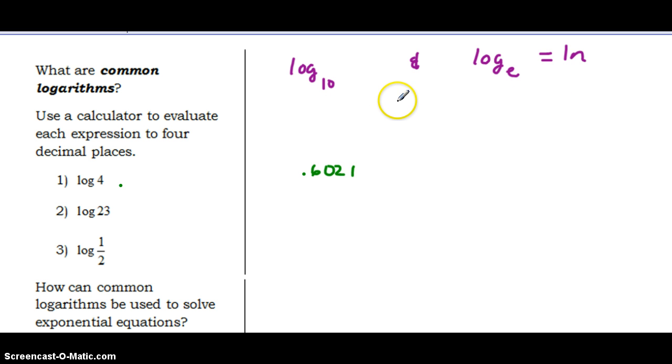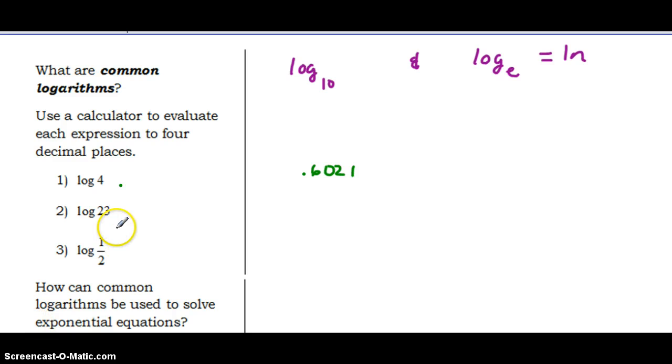They were established a long time ago to be used as our common logarithms, and we'll be learning more about why that was so. The first thing I want you to try is to evaluate the log base 10, in particular log 4. So you need to plug into your calculator log 4 and see if you can get 0.6021. Go ahead and try that and bring it back.